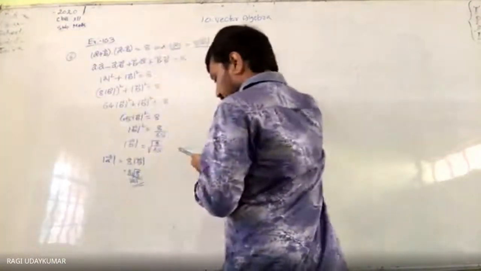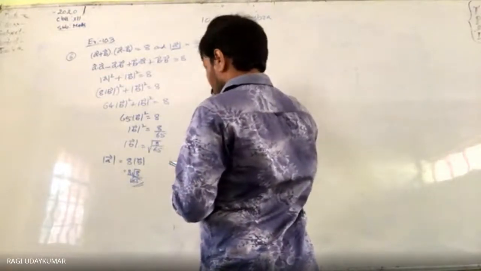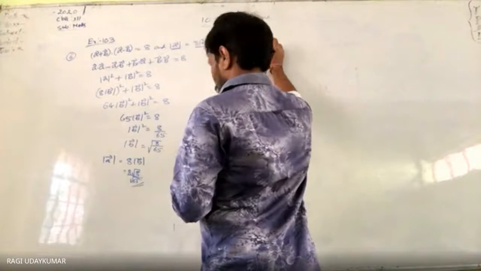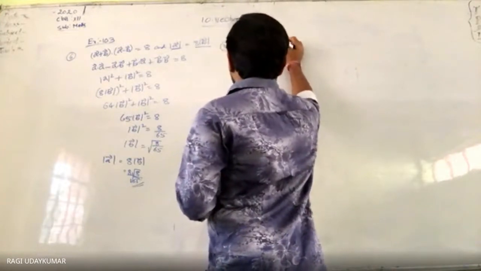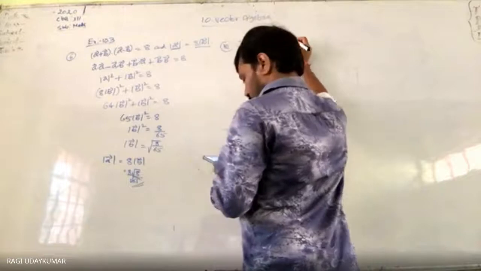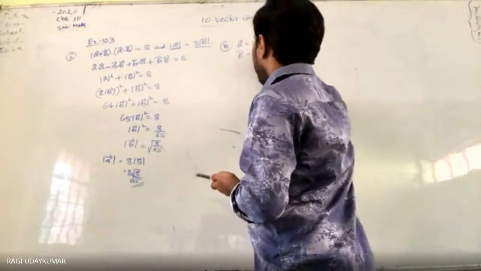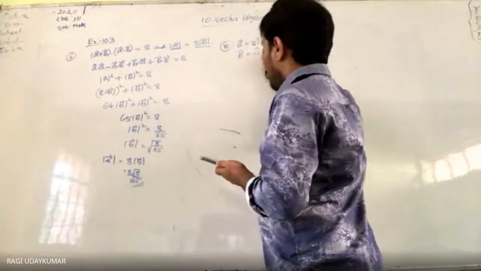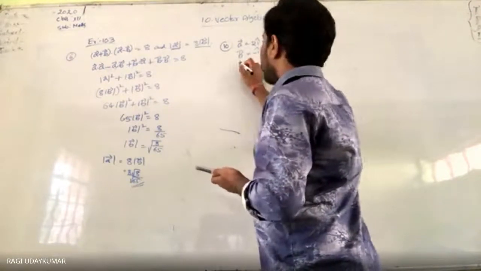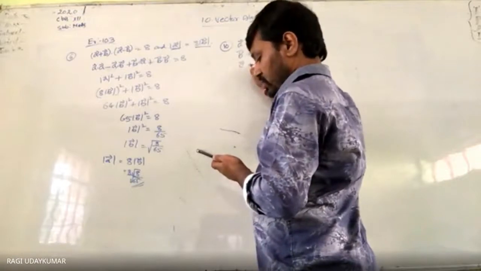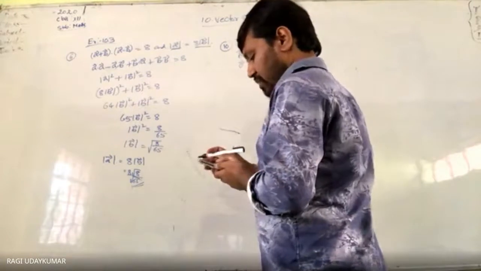So question number 10 is given below. A vector is equal to 2i plus 2j plus 3k, and B vector is given to you as minus i plus 2j plus k, and C vector is given to you as 3i plus j.